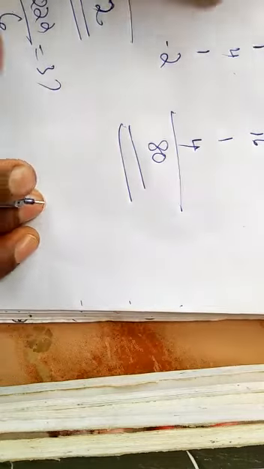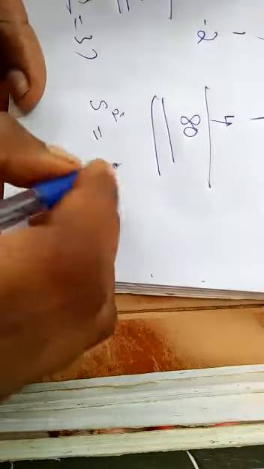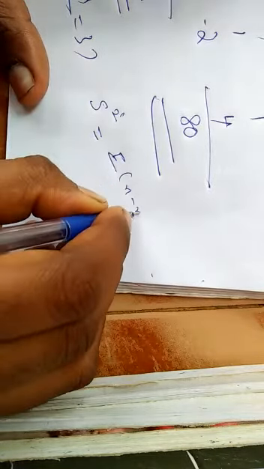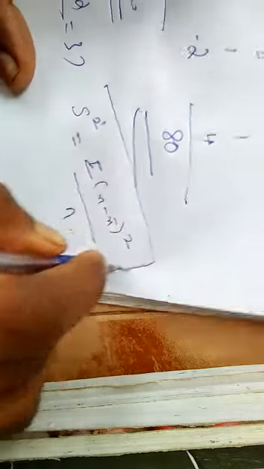Next, you use the variance equation, s square equals summation of x minus x bar square divided by n. This is the formula for sample variance.